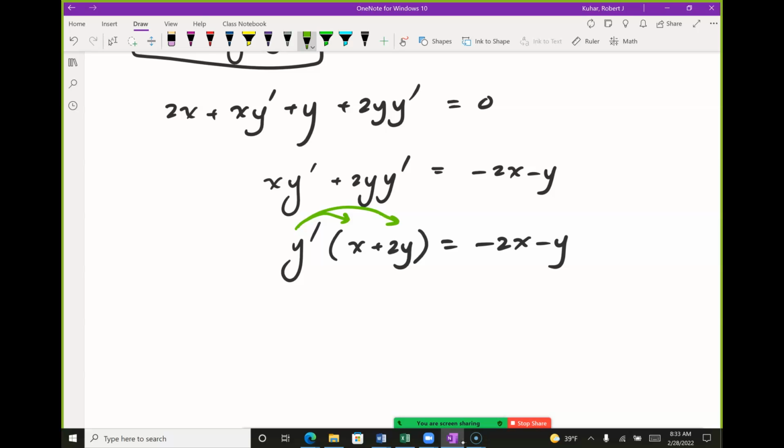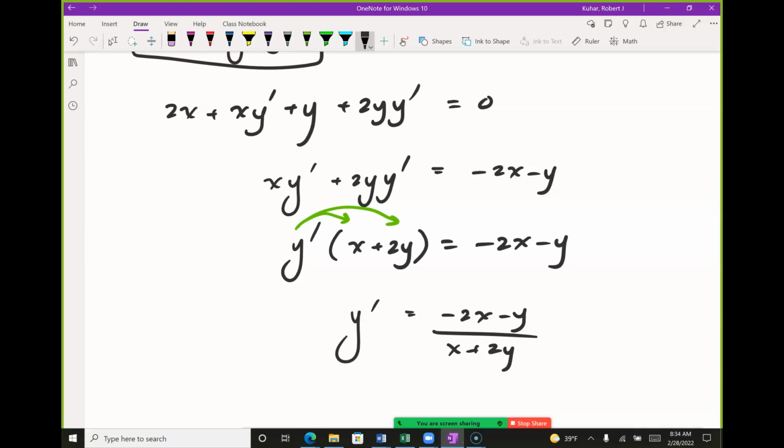You see I get what's on the left side. Was that clear? Yeah, I see. Thank you. Yep. And then I finally divide by that particular term, and I get my derivative. There's my general derivative.